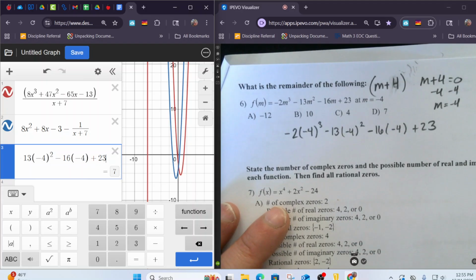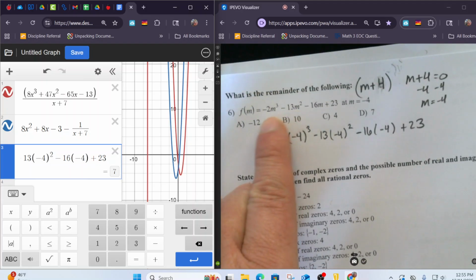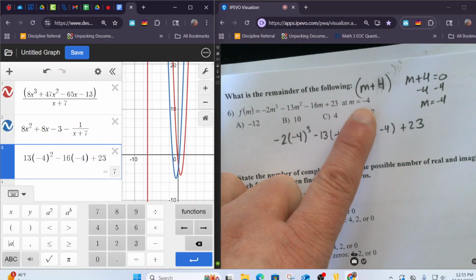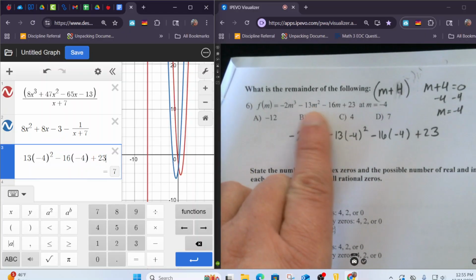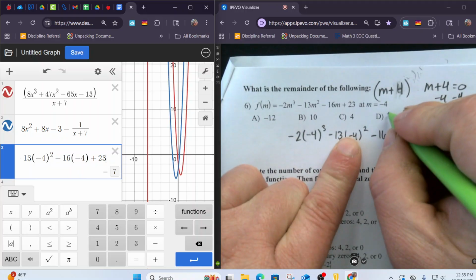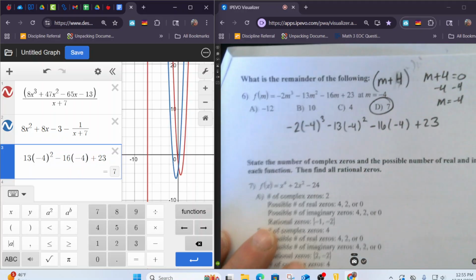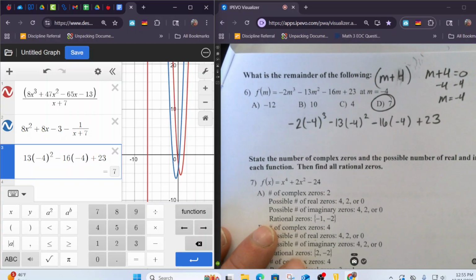So the remainder, when negative 4 is plugged into f of m, is 7.